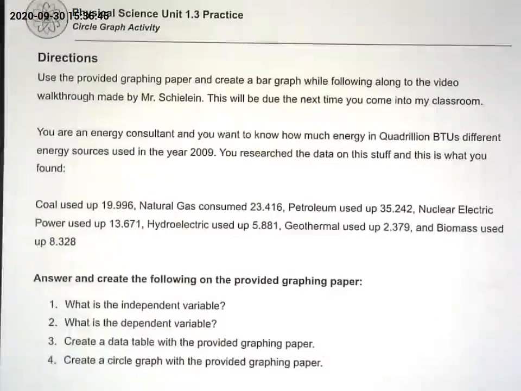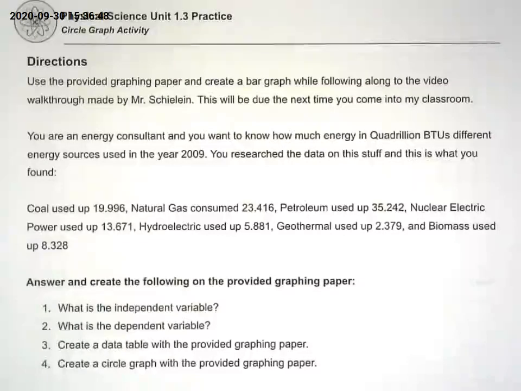So you are an energy consultant and you want to know how much energy, in quadrillion BTUs, different energy sources used in the year 2009. You researched the data and this is what you found.